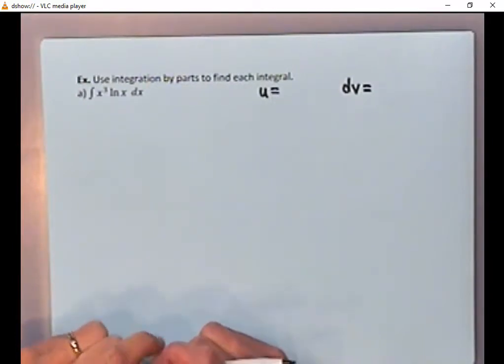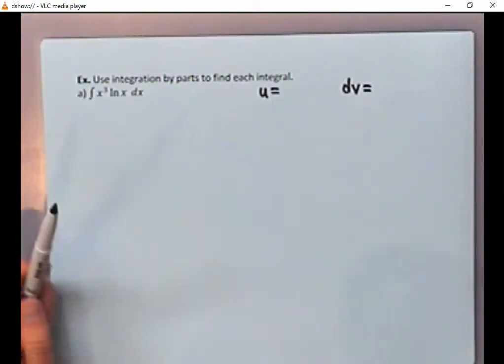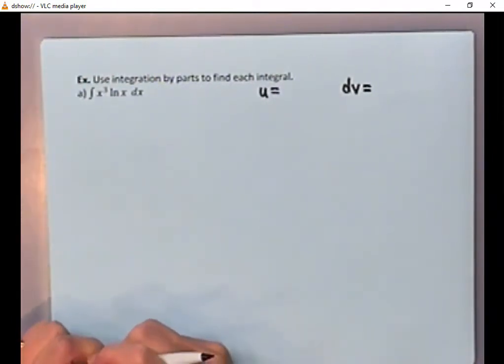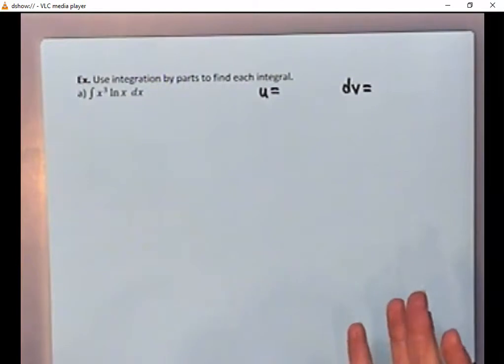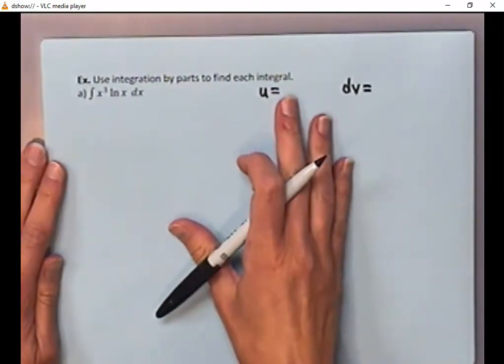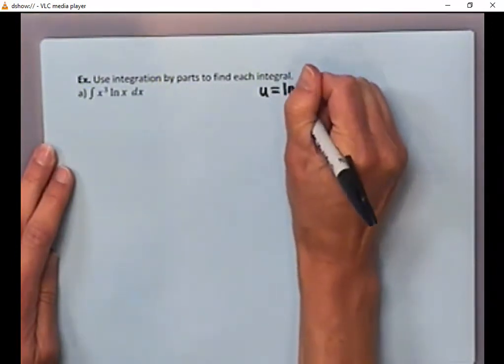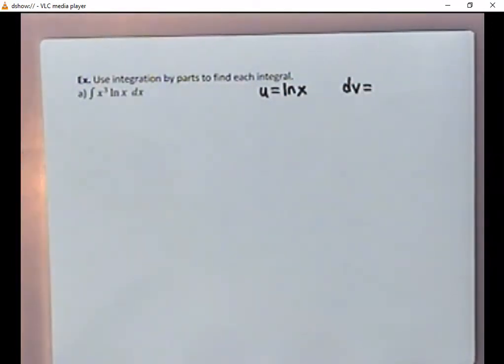Wait a minute, no. You know how to do what with the natural log? You know its derivative, right? But I don't know any rule to integrate the natural log, do you? Okay, so that right there, I'm not saying x cubed wouldn't be a good u, but I don't want it to be dv. So I'm going to choose the natural log to actually be the u, because I know its derivative, but I don't know how to integrate it.